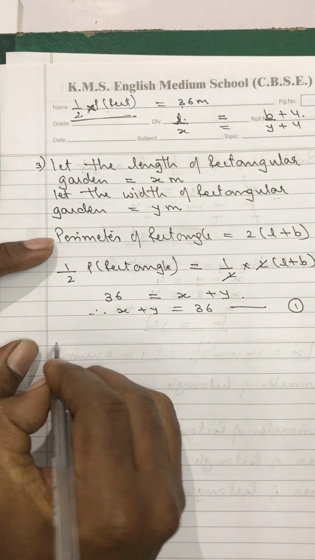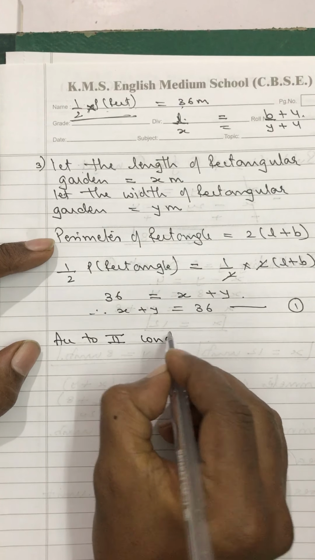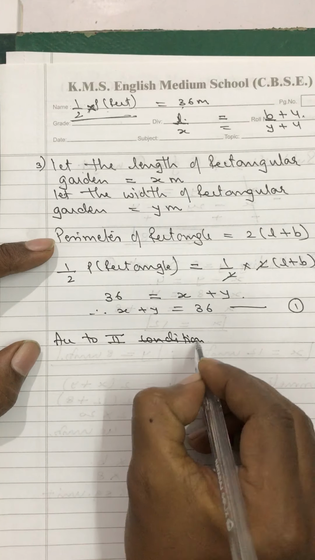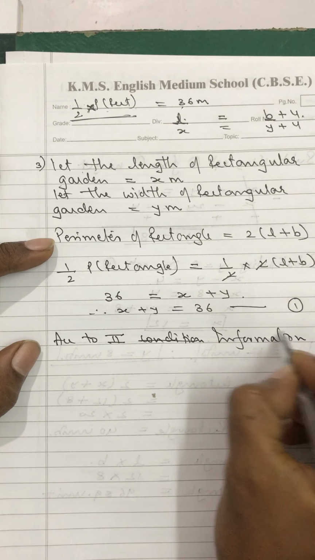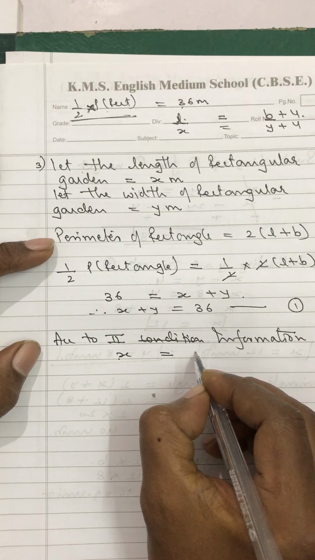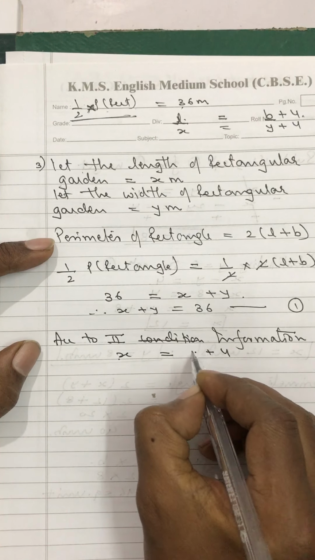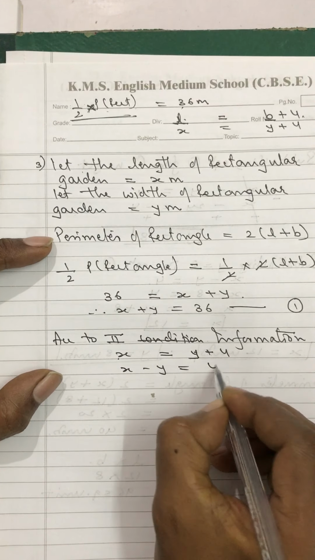So according to the second condition, not condition, information, x is equal to length is 4 meter more than its breadth. So you'll get x minus y is equal to 4.